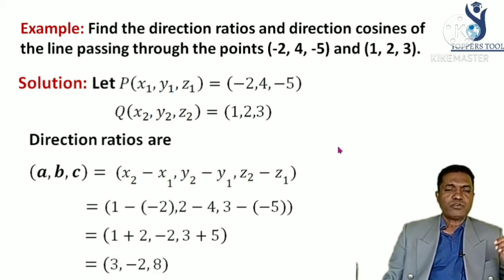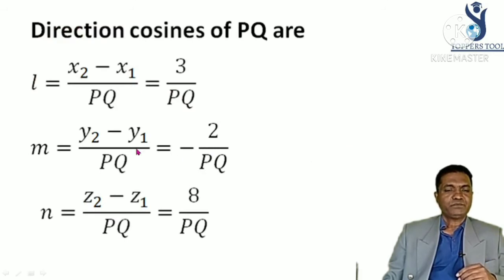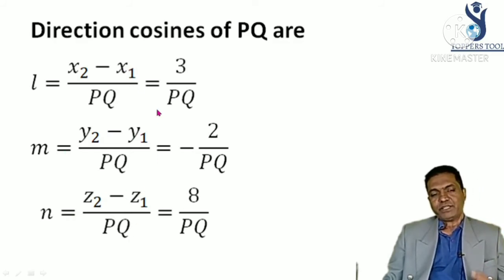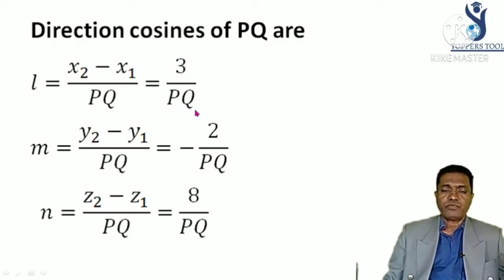Now let's move on to direction cosines. As we know, the direction cosines of PQ are l is equal to x2 minus x1 by PQ, m is equal to y2 minus y1 by PQ, n is equal to z2 minus z1 by PQ. As we have done there, x2 minus x1 is 3, and PQ we have to find by the distance formula. So right now l is 3 by PQ, m is minus 2 by PQ and n is 8 by PQ.